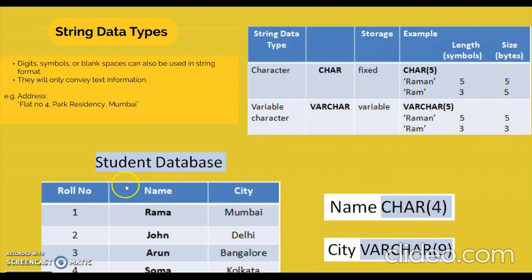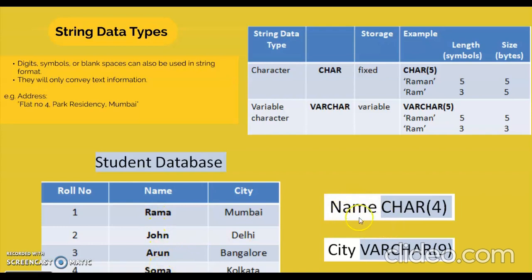Here I have taken a student database. Here I have a table. You can also consider this as a student table. Here I have student roll number. These are columns. The column names are roll number, name and city. Here I have considered 4 students, Rama, John, Arun and Soma.